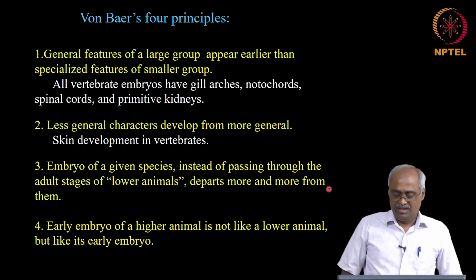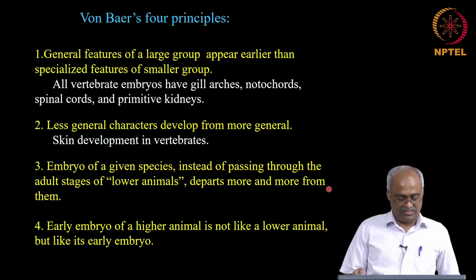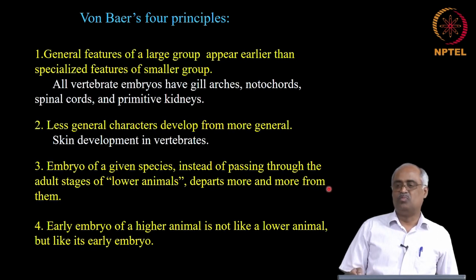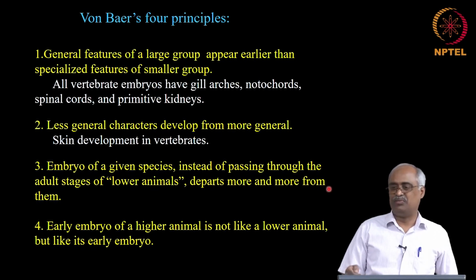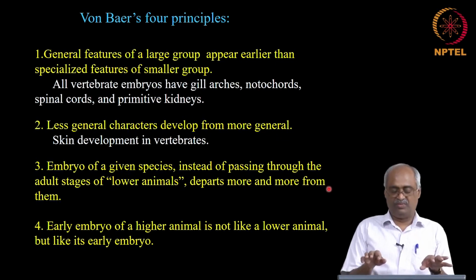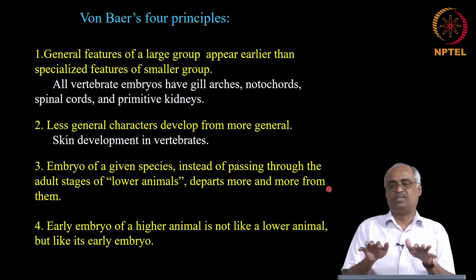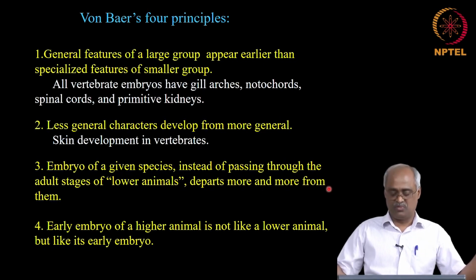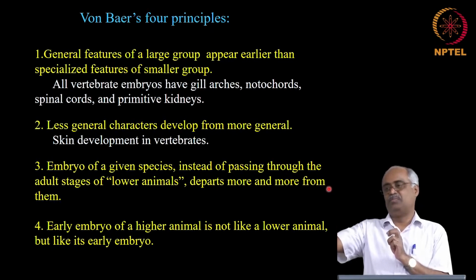And a derivative of that is the second point: less general characters develop from more general ones. Like from the very early feature, which we are going to call a general feature encompassing a very large group of organisms, from them only specialized features come.